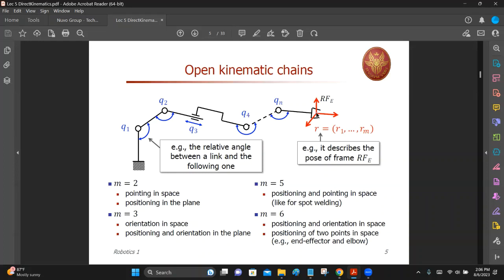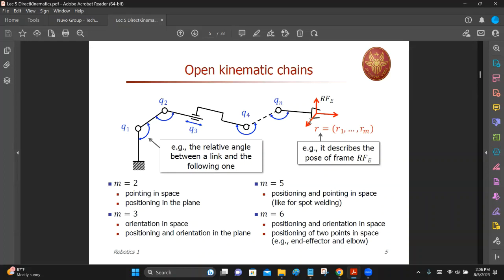You already know that if you want to describe the pose of an object in three-dimensional space, you need to attach a coordinate frame to it, right? The origin of the coordinate frame is the position of that object in space. And when you have x, y, z axes oriented in three-dimensional space, that is the orientation of that link, right?